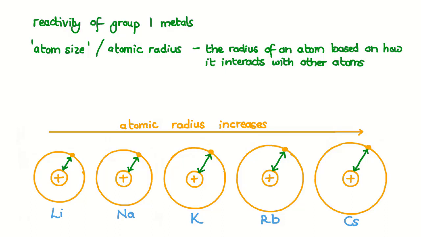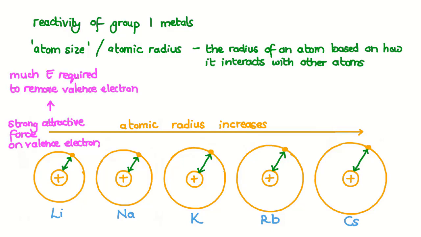When the atomic radius is very small, for example in the case of lithium, there is a relatively strong attractive force exerted on the valence electron by the positively charged nucleus, because they are close to each other. And so, relatively speaking, much energy is required to remove that valence electron in a reaction.